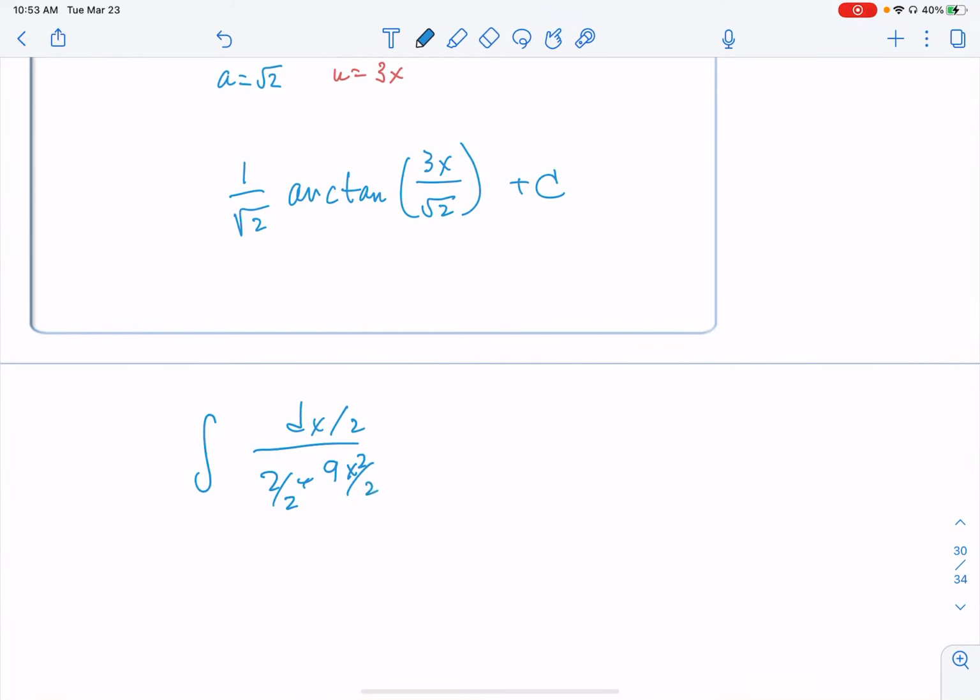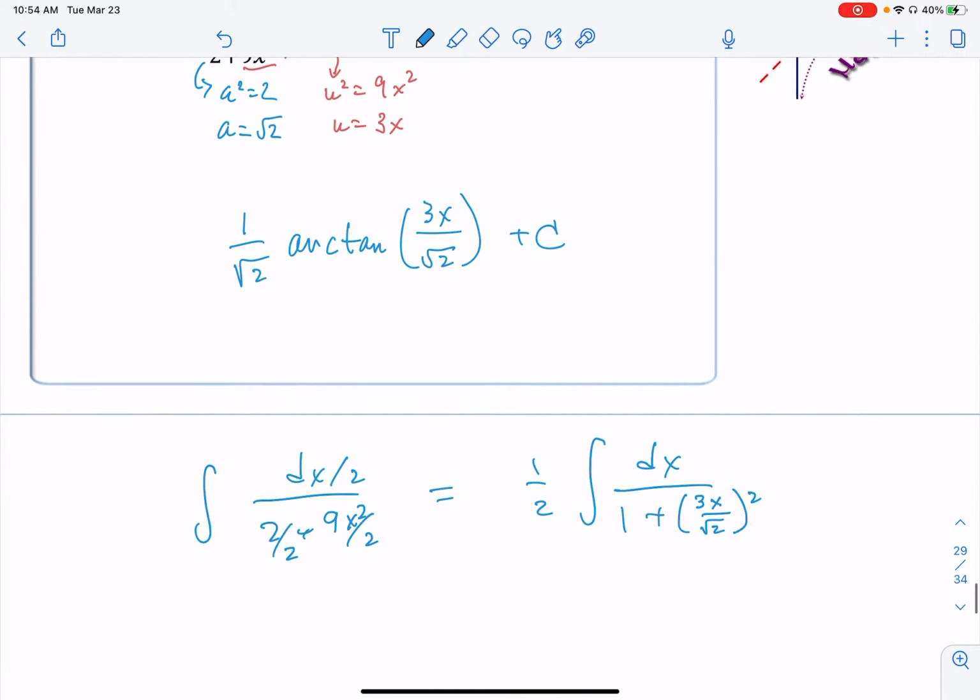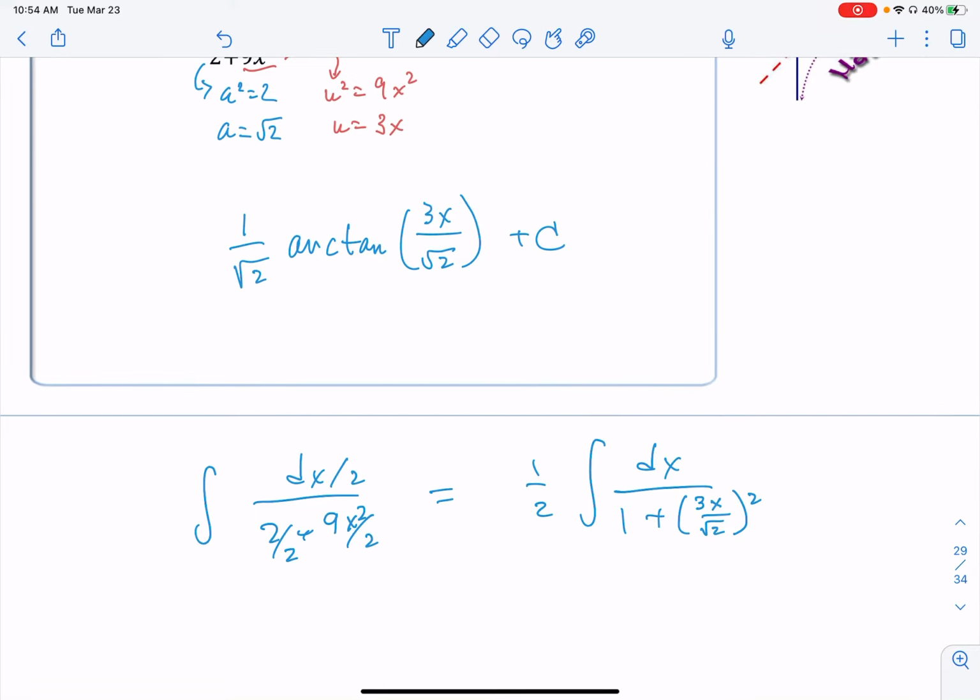Then you would turn this into 1/2 integral of dx over 1 plus, inside the parentheses, when you pull out that square, 3x over the square root of 2, squared. Then you can just do the u substitution like we normally did. You're going to get the same exact thing that we have over here.